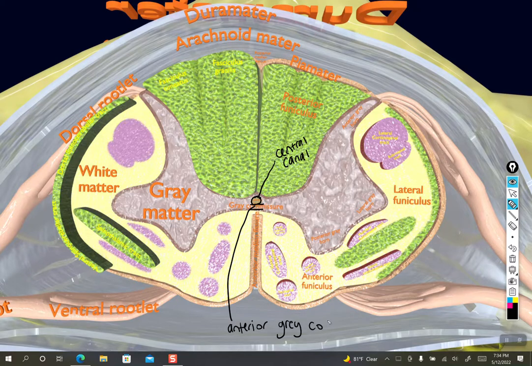And then in front of that, there's a little bit of white matter that also goes across, and that's called the anterior white commissure. So again, a commissure is a place where decussation is possible, so the crossing of information from the right to the left or the left to the right.